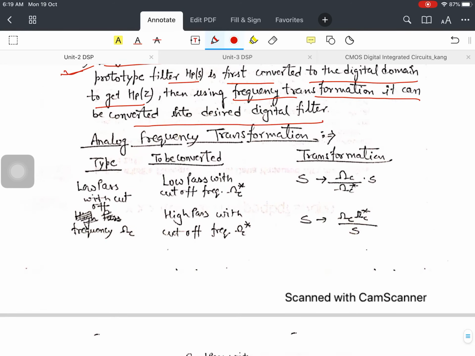Now if we talk about analog frequency transformation, and we have a low pass with cutoff frequency Ωc, this is the type, because we are considering the low pass. Now to get low pass with cutoff frequency Ωc*, s is going to be replaced with Ωc upon Ωc* into s.